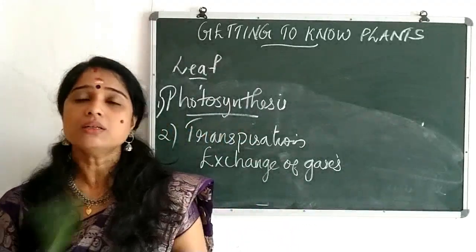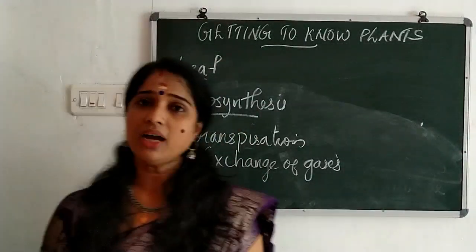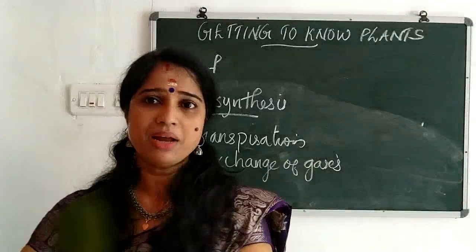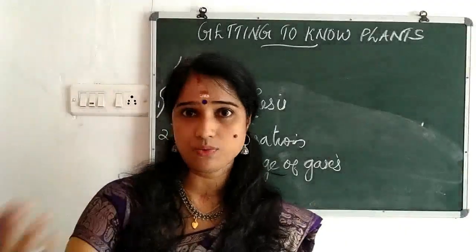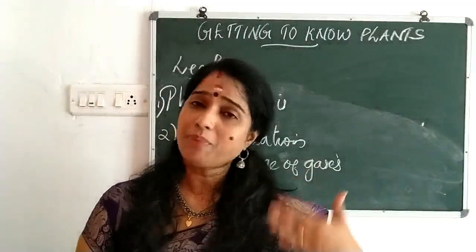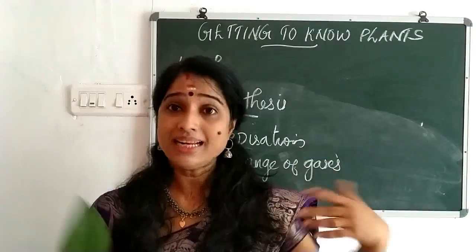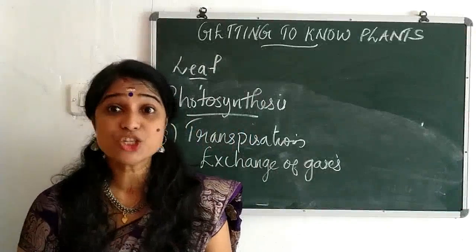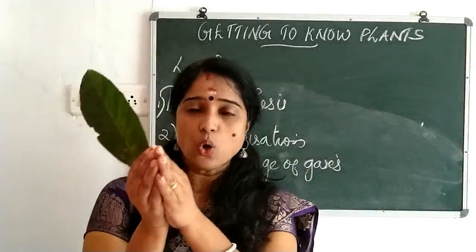In the same manner, the plants also, if they do not have enough water, definitely, we cannot keep the plant outside if the climate is too hot. So the plants tend to lose water. In that situation, what does the stomata do? They close that opening.